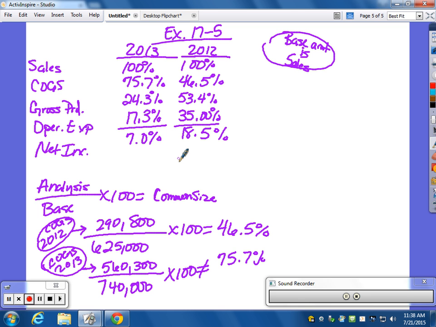Let's quickly go over exercise 17-8, which is talking about current ratio and asset test ratio. The current ratio, what's the equation? Current assets divided by current liabilities. In this case, they want us to use exercise 17-7 numbers for all three of those years.